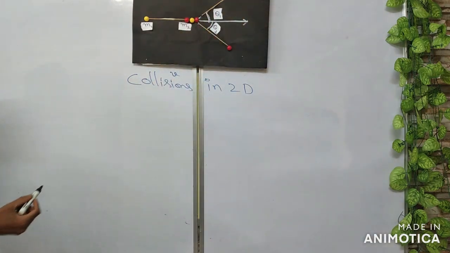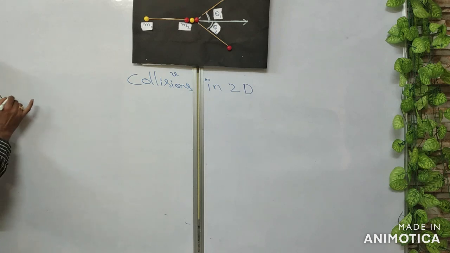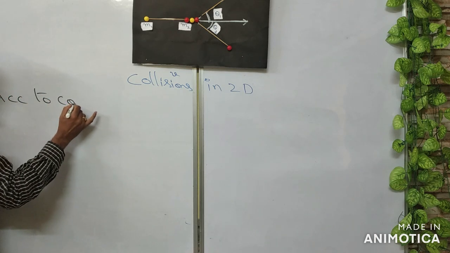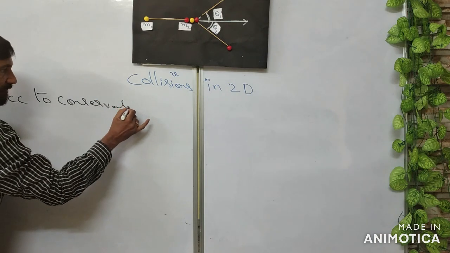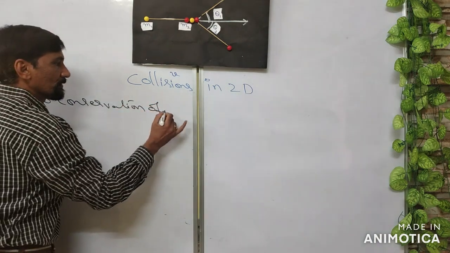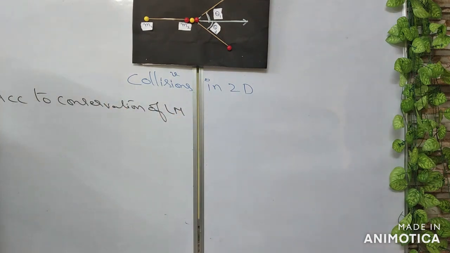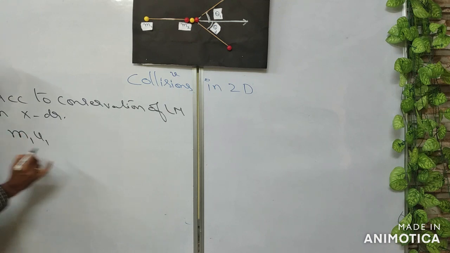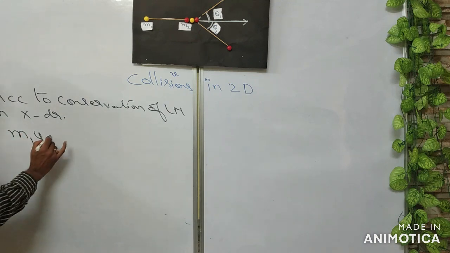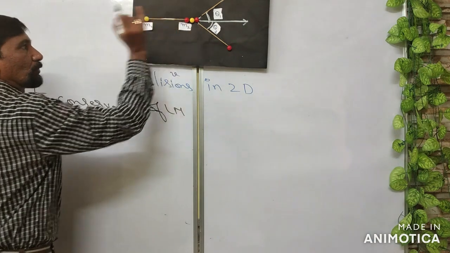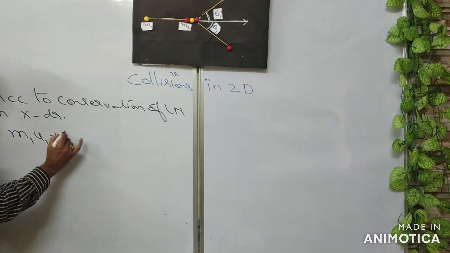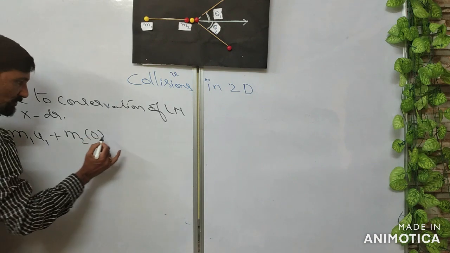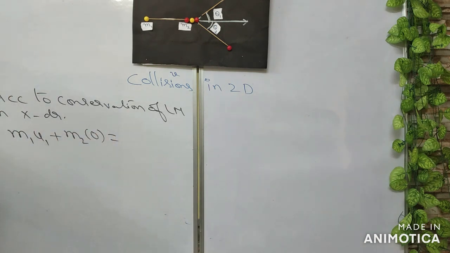According to conservation of linear momentum in the x direction: the first body mass is m1, moving with velocity say u1, plus the second body m2 is at rest, so the corresponding velocity is taken as 0.